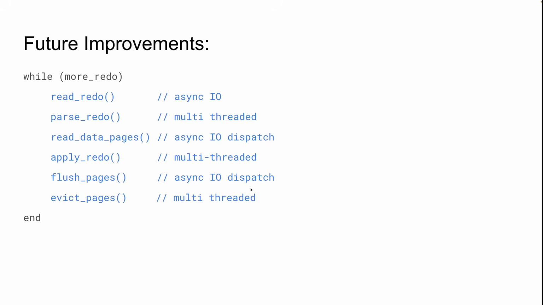So where we want to take the recovery is that you start the recovery, you start reading the redo in some thread, you start parsing the redo in multiple threads, you start reading the pages concurrently at the same time. The memory is then no longer a requirement because once you apply, you keep freeing the memory. So you start reading the pages concurrently, and then you apply the redo in a multi-threaded way.